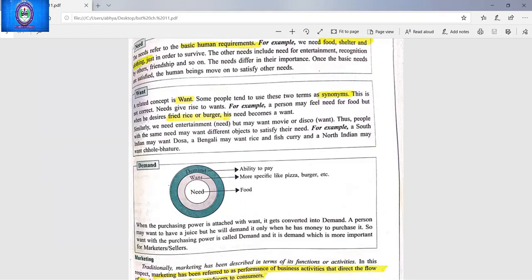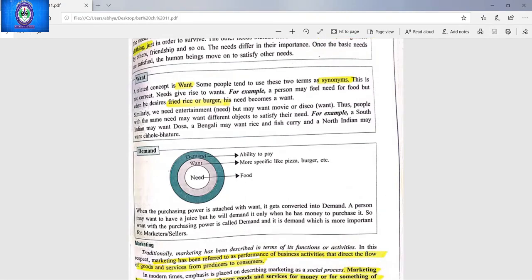So now the demand. In a buyer, need must be there, then want must be there, then demand. Demand means the consumer wants something, but he must be capable of buying that particular thing.